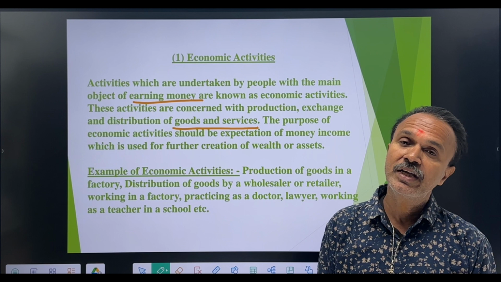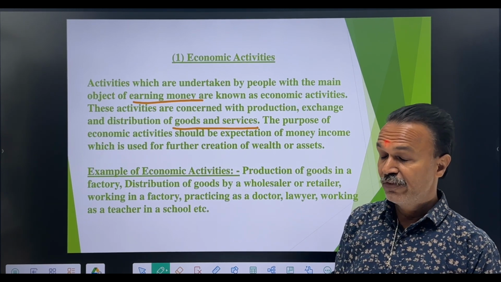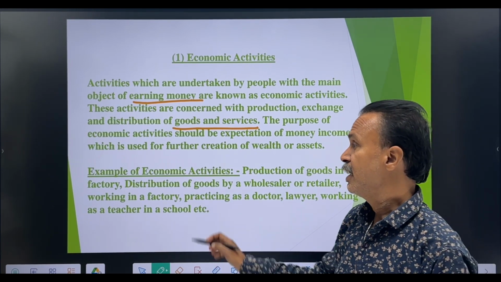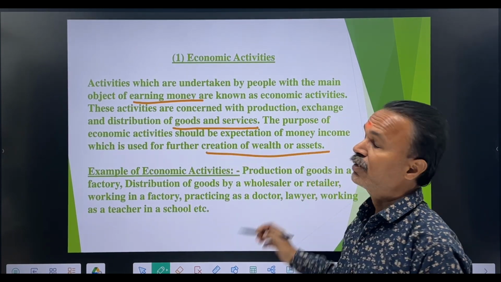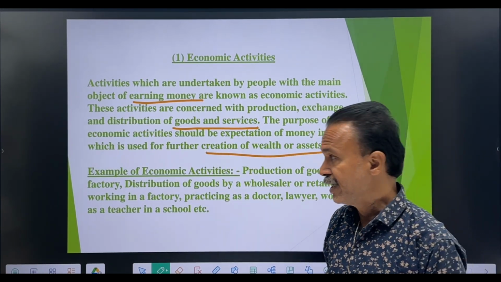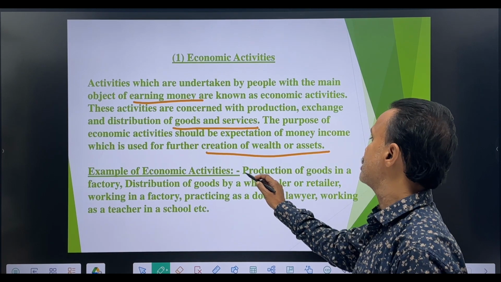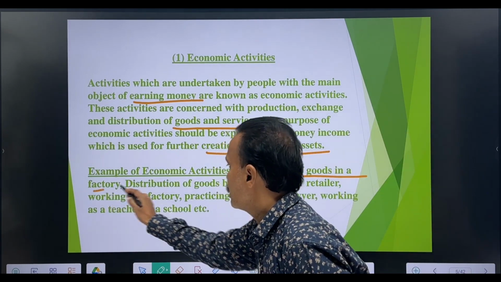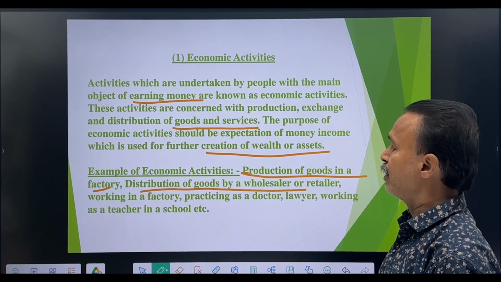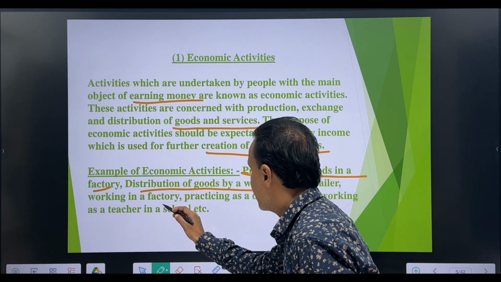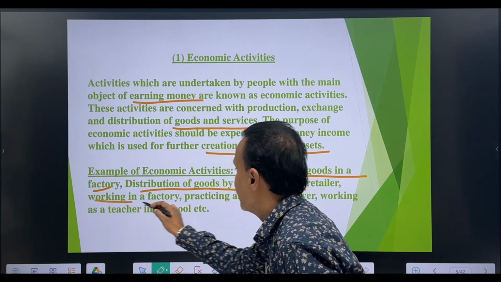The purpose of economic activities is earning money, which is further utilized in creation of wealth or assets.